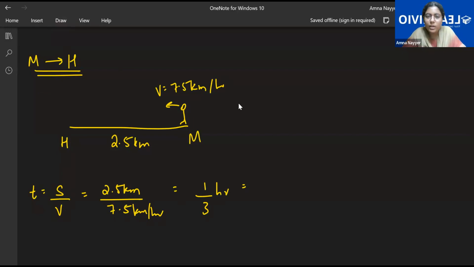Can anyone tell me how much it is in minutes? 1/3 of an hour, how much is it in minutes? No, see, whenever you have to convert hours into minutes, you multiply it by 60. So 1/3 into 60 makes it 20 minutes.